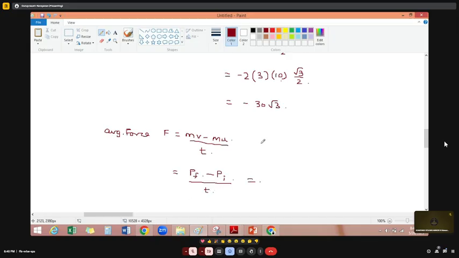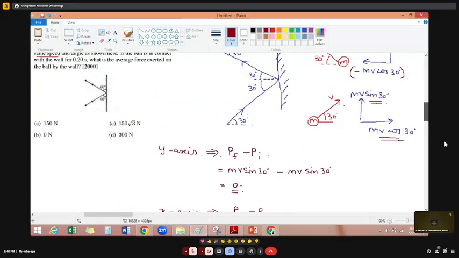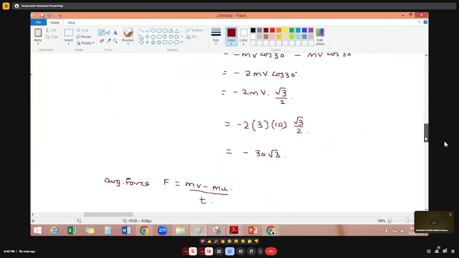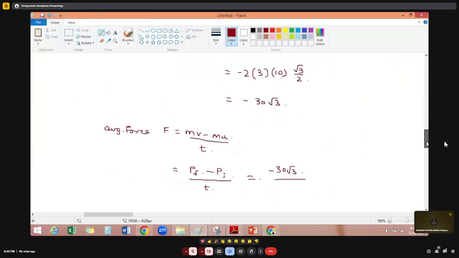This we already found as 30 root 3. If you want, you can put the minus also. The ball is in contact with the wall only for 0.2 seconds. That means 2 and 30, it will become 15. So 15 multiplied by 10 becomes 150. So minus 150 root 3.